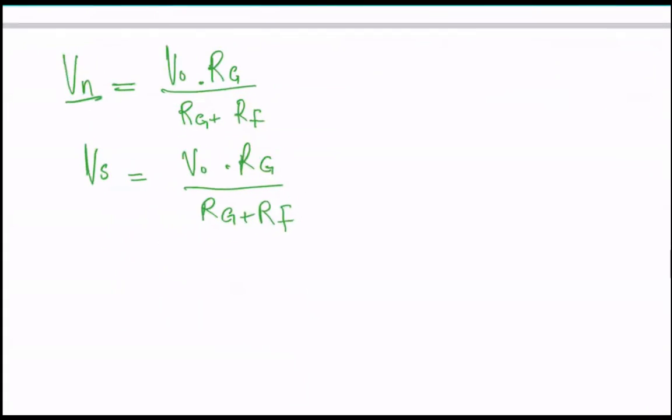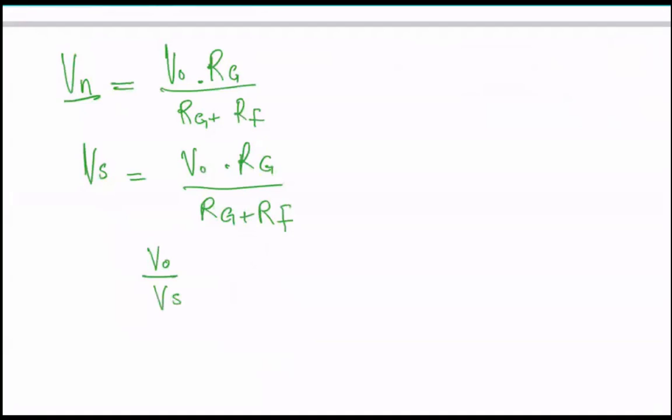Sweet. Now I need to rearrange this equation such that I get V naught over Vs, which would mean I get Rg plus Rf over Rg, correct? And I can also brush up this equation such that Rg over Rg plus Rf over Rg.